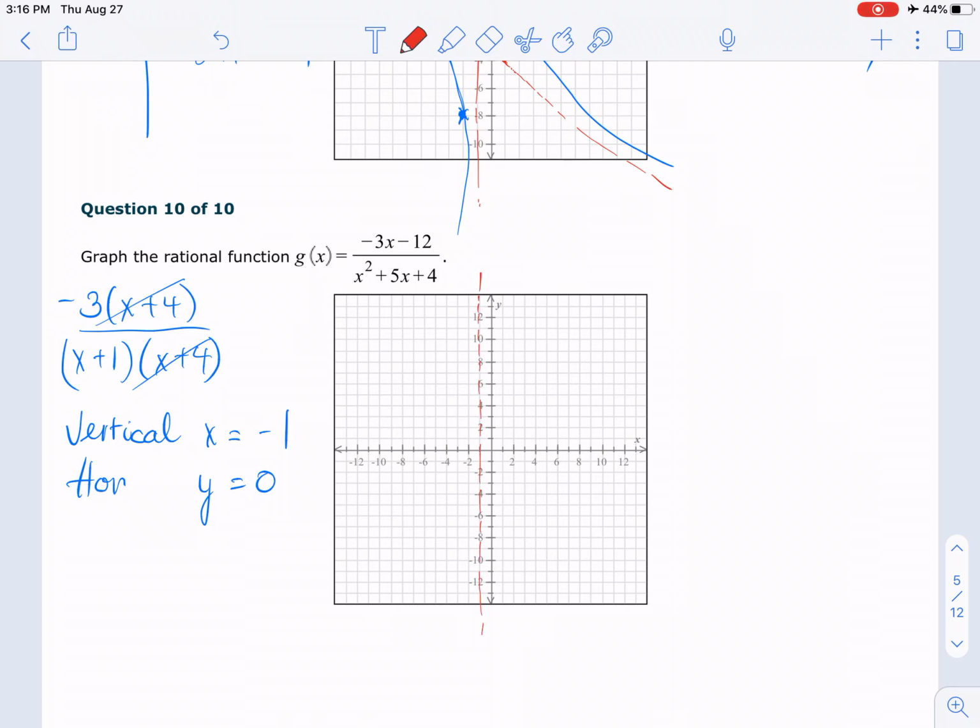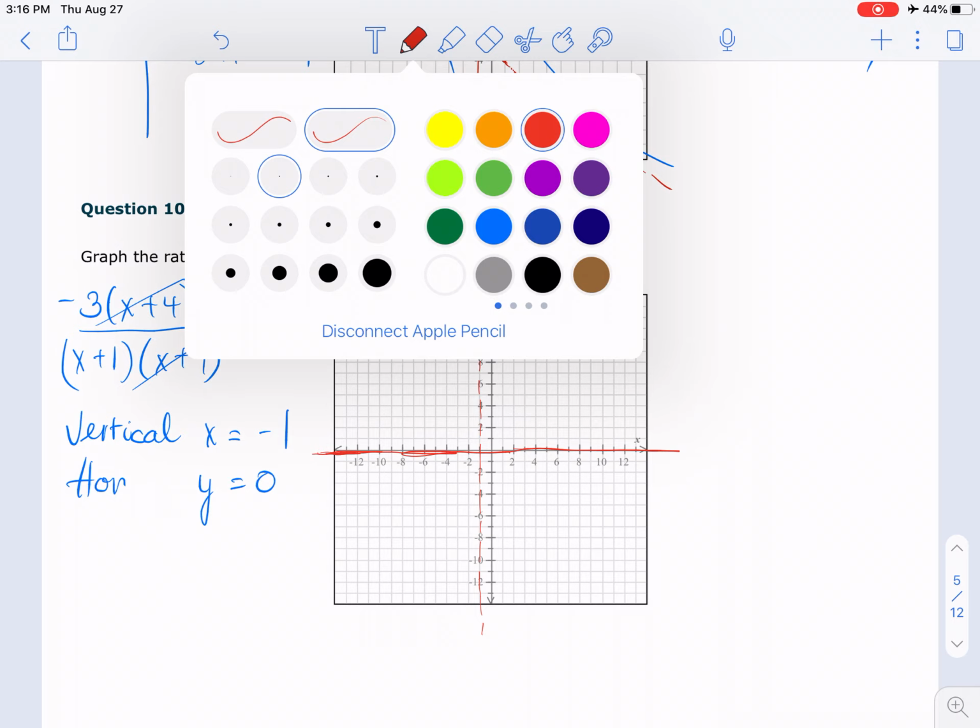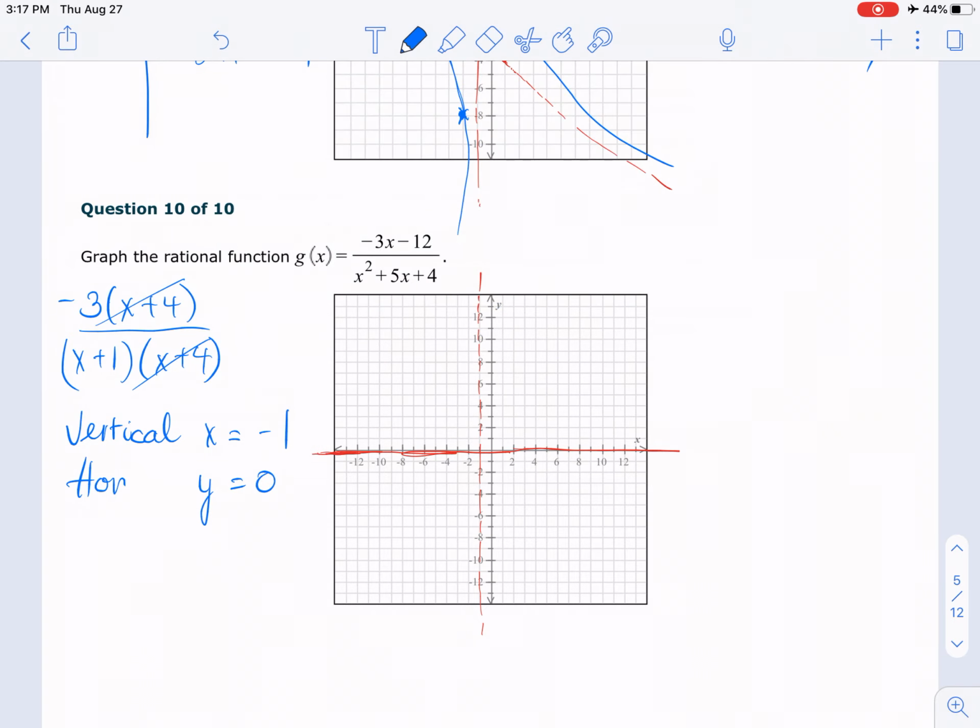Right here, and we're not allowed to touch that. Now even though we simplified the x plus 4, you have to understand that at x equals negative 1 and x equals negative 4, we have problems, because if you use those 2 points, you're going to get 0 on the bottom. So we're going to have to exclude those numbers. So when x equals negative 4, what is g of negative 4?